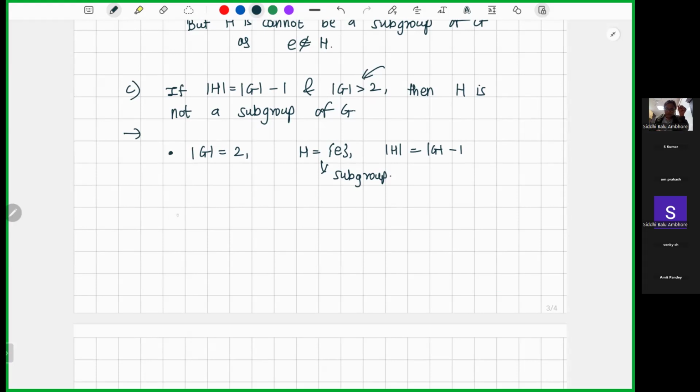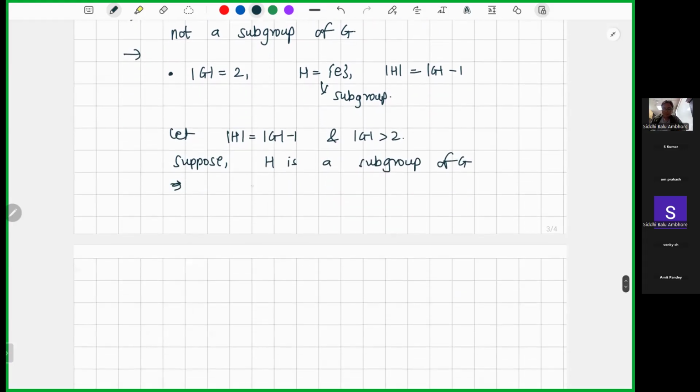Note that, suppose the order of H is |G| - 1, and the order of G is greater than 2. Now suppose H is a subgroup of G. We know that if H is a subgroup of a finite group, then the order of H divides the order of G. This is clear, right?